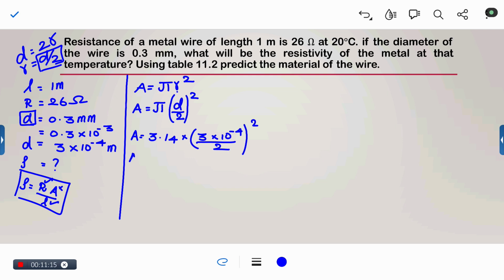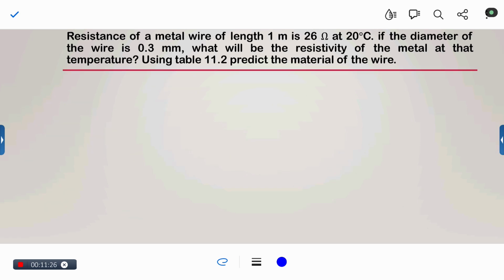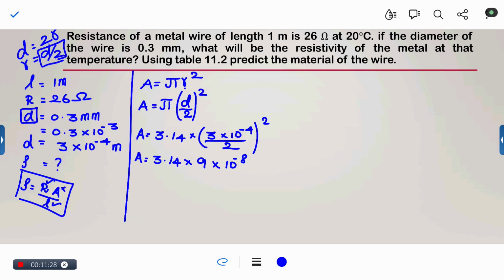So A is equal to 3.14 into 3 the whole square, 9, into 10 to the power of minus 4 the whole square, 10 to the power of minus 8, by 2 the whole square, 4.